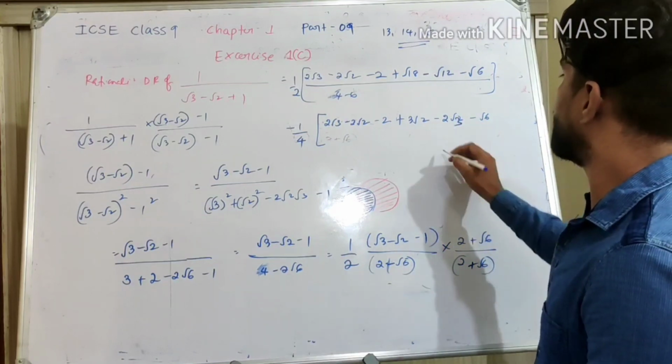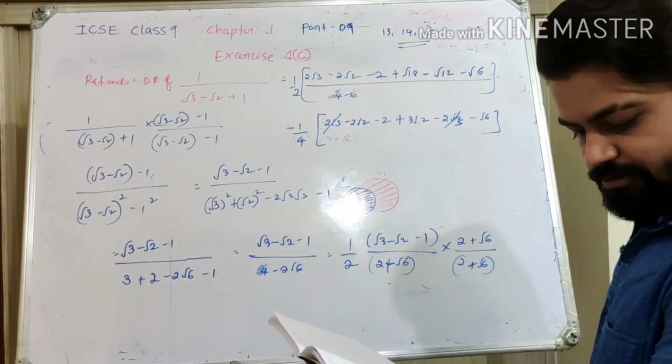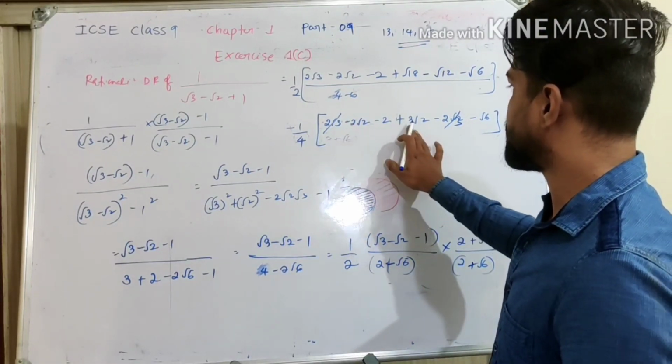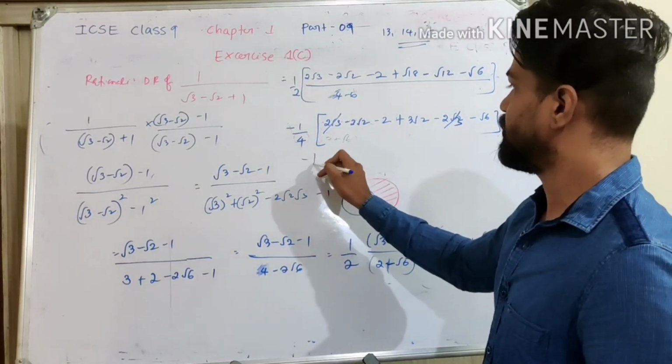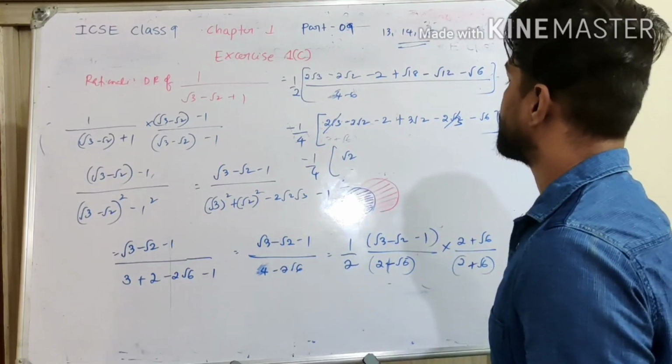This is 2 root 3, yeah. So this will cancel. So we end up with minus 2 root 2 plus 3 root 2 is going to be 1 root 2. So minus 1 by 4 plus 1 root 2.